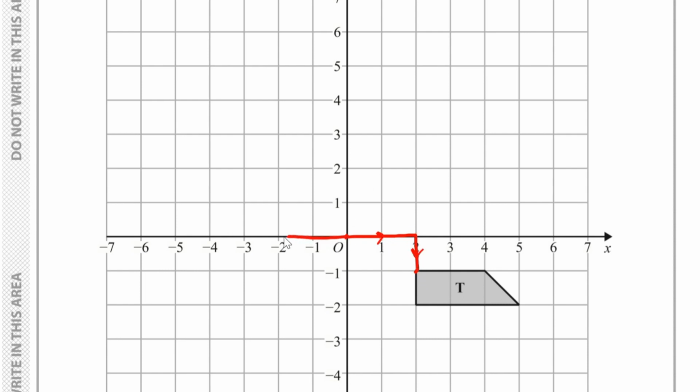So going the opposite way by 2 and then up by 1. That's where this point will correspond. And then the rest of the points will follow like so. So here is trapezium A.